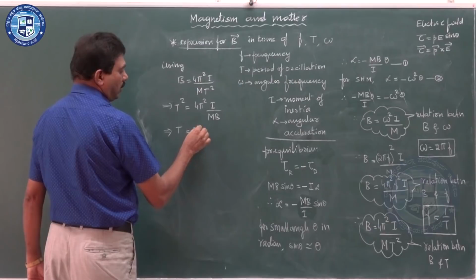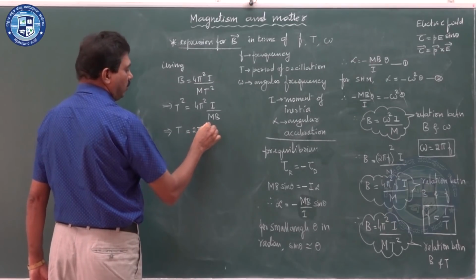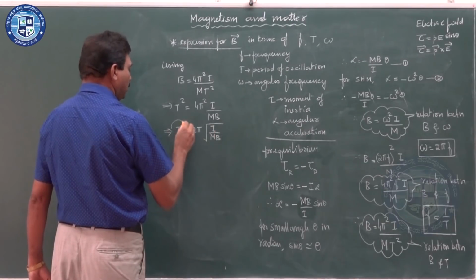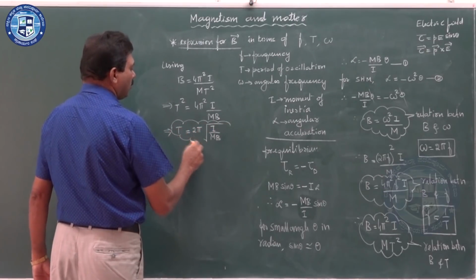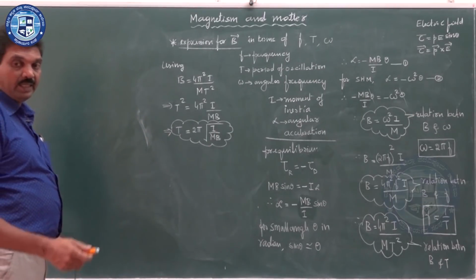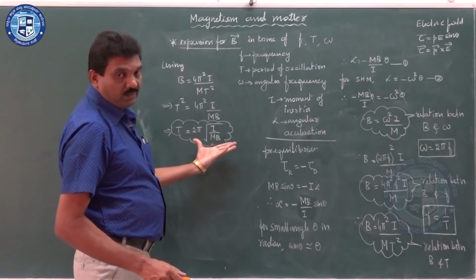T will be equal to, taking square root, 2 pi into root of I by m B. This is the formula for period of oscillation of a magnetic needle in the uniform magnetic field.